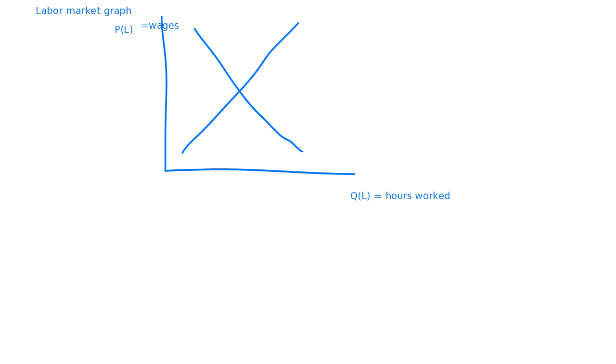So you have a demand for labor and a supply of labor. You have a demand and a supply curve, same as the product market. Where they cross in the middle you will have an equilibrium.